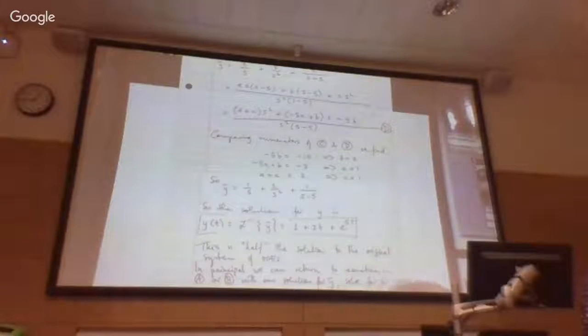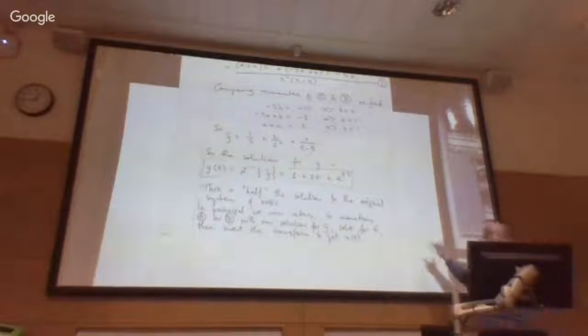Solve for x bar, then invert the transform to get x of t, and you're done. That will be the final solution obtained. That's in principle what we have to do.